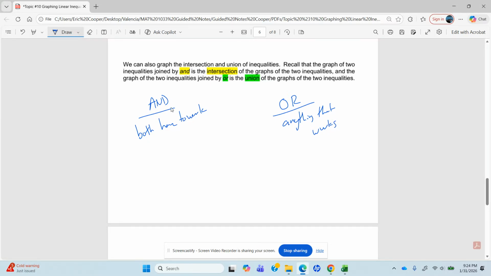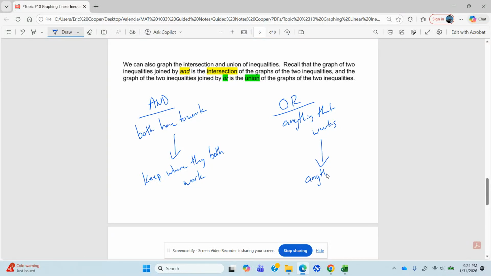So when we're doing a graph, we're going to basically have two inequalities this time. For and, we're essentially going to keep where they both work. So when we go through and graph it, wherever both of the lines work, we're going to keep it. Or, as long as we graph it, we keep it.